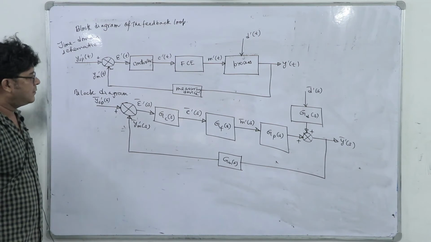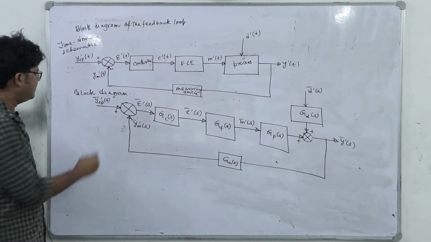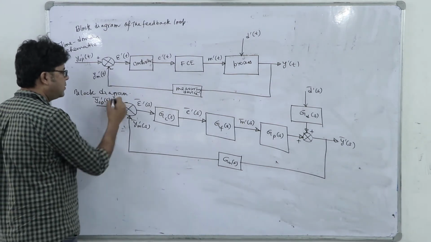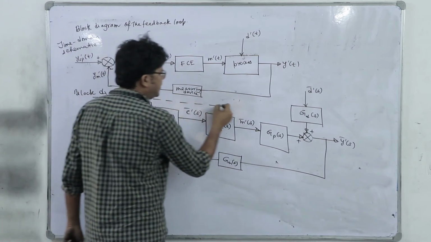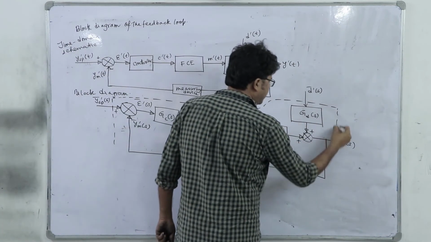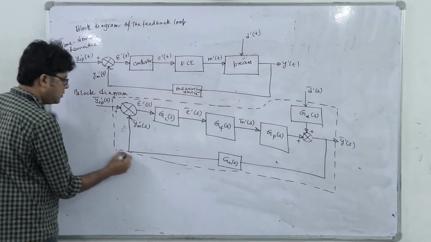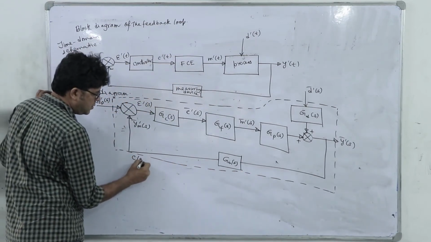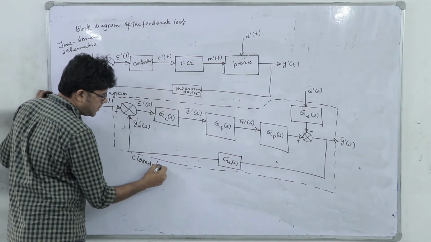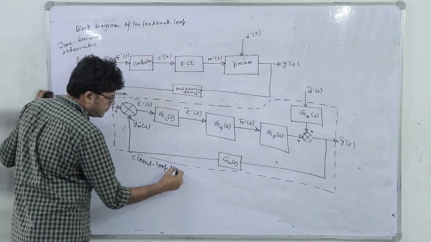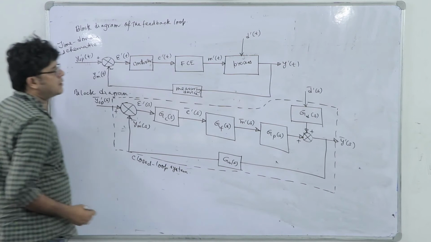Now next we have to generate a relation. See, this is closed loop. Previously the other one was open loop, this is closed loop. Right.